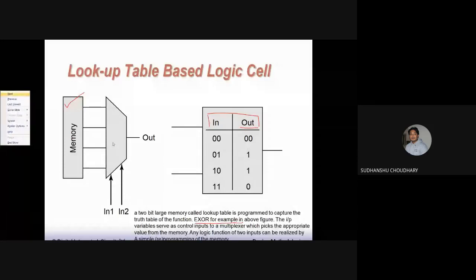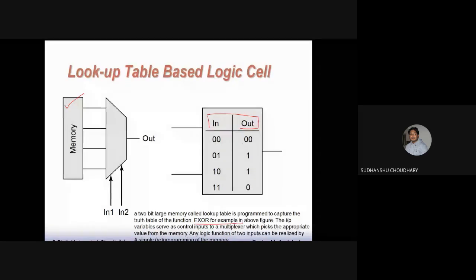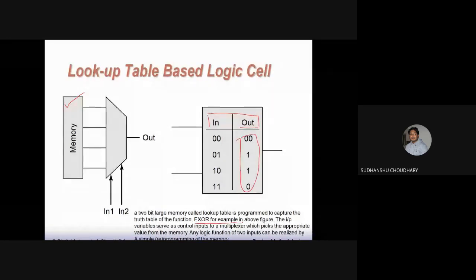Since this is a two input system, these inputs will act as the selection lines for the multiplexers. So based on these two inputs, one can select these outputs, which are already stored in this memory. Now this memory can be reprogrammed. That is, you can implement not just the XOR gate, but any other two input logic by just storing the output in this memory and then selecting these outputs via the input selection lines.